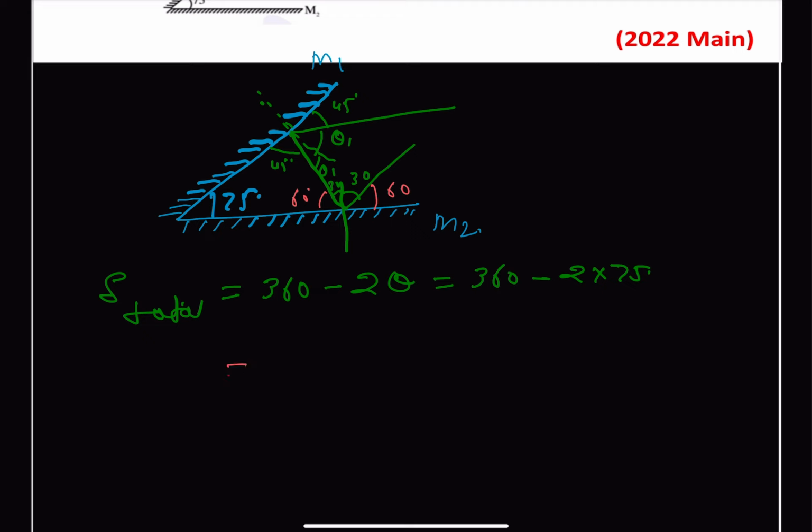This gives us total deviation of 210 degree. This will be our total deviation, and we can also draw this figure.